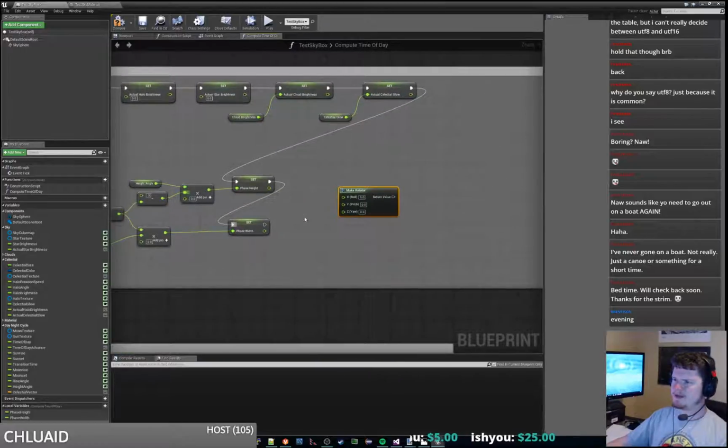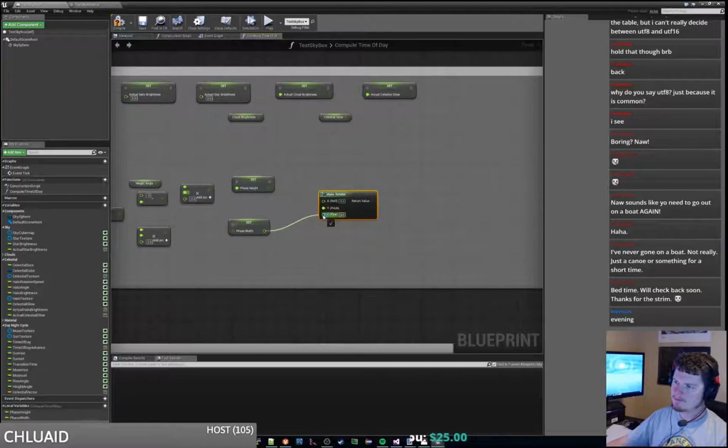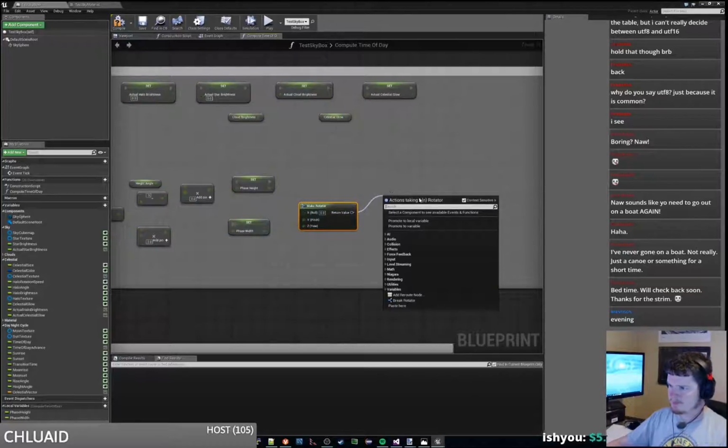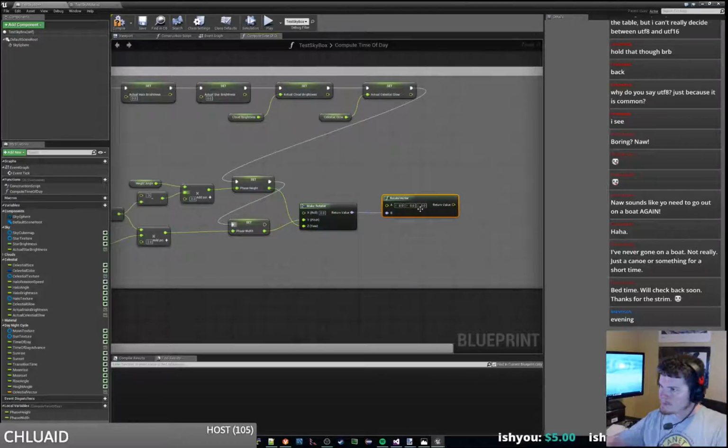Alright, so if we have our rotator here, and we want to rotate. We want to rotate a vector.